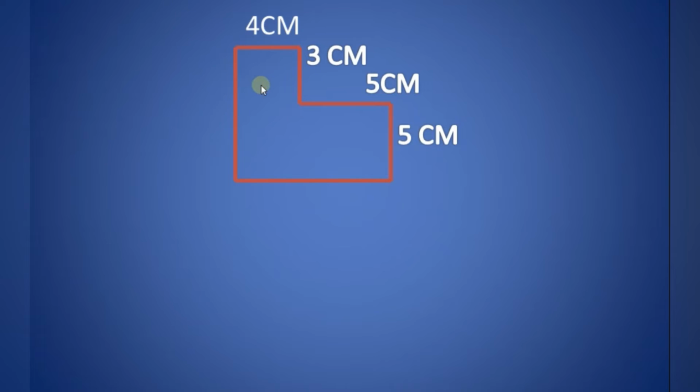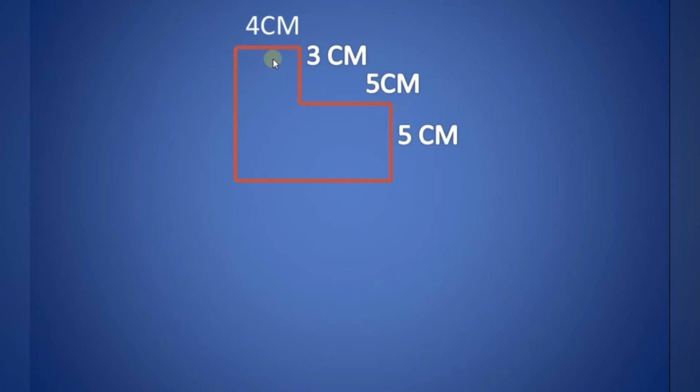So to do so, we need to look very close. So we're going to find the bottom length. And to find the bottom length, we were given two horizontal lengths, the 4 centimeter and the 5 centimeter.